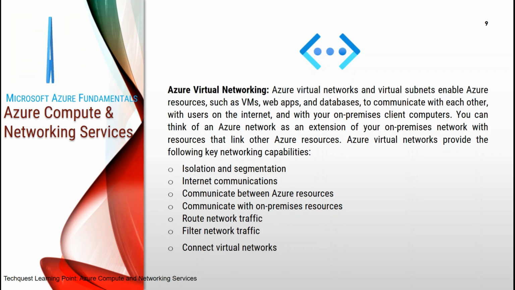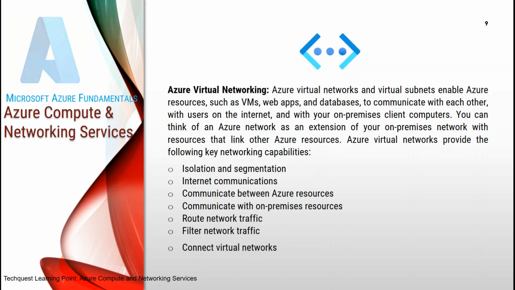When you set up a virtual network, you define a private IP address space by using either public or private IP address ranges. The IP range only exists within the virtual network and is not internet routable.